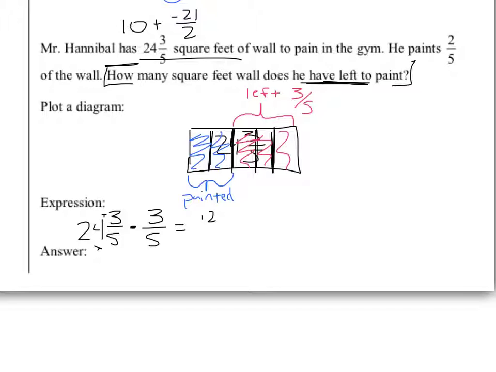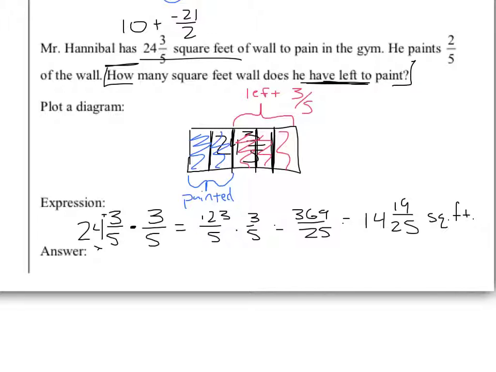It's going to be 123 over 5 times 3 over 5. It's going to give me 369 25ths, which is 14 19/25 square feet. Okay, questions about this?